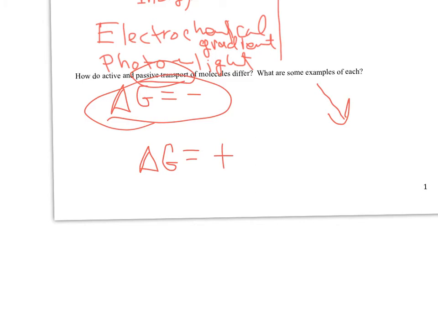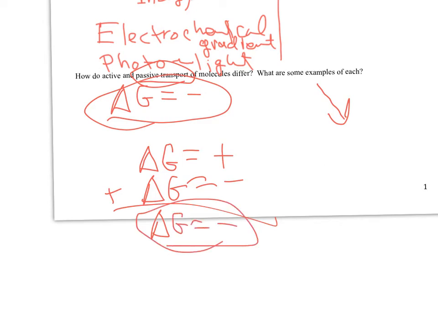So in order to get this to work, you need to couple the transport with another process that has a negative delta G, and then when you add the two together, you have a net delta G between the two processes that overall is negative.